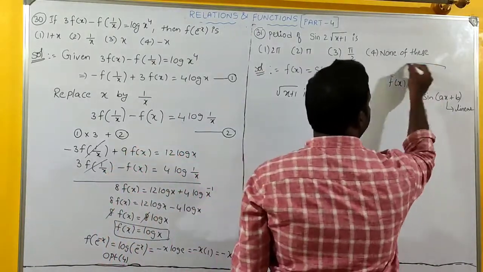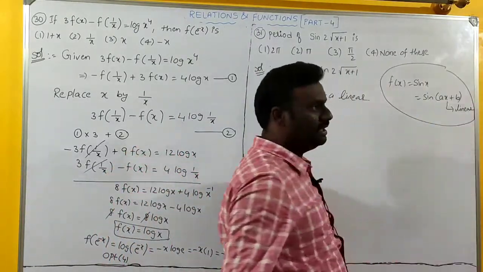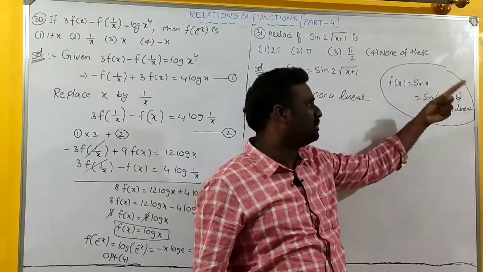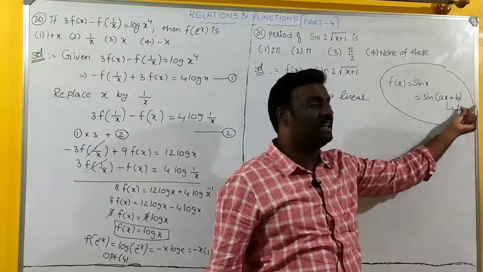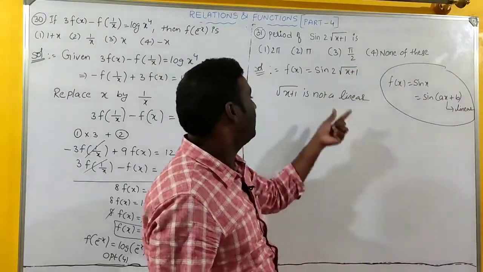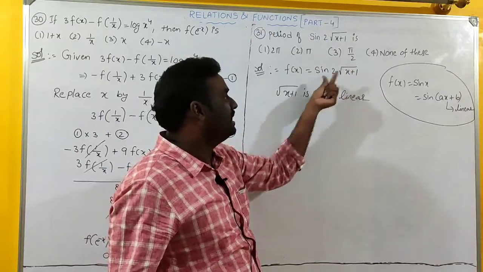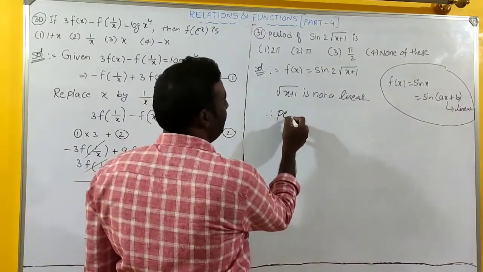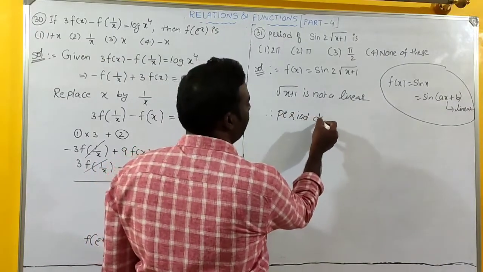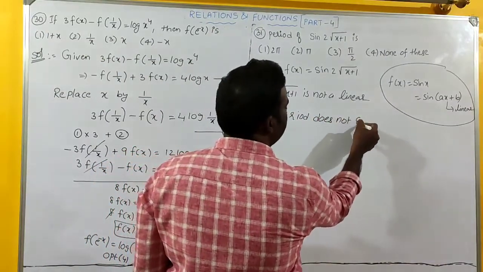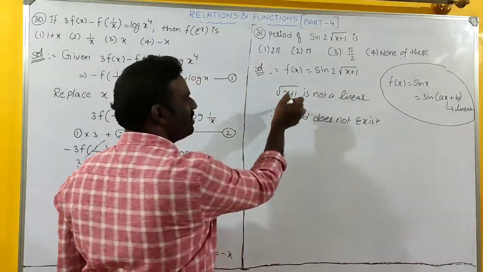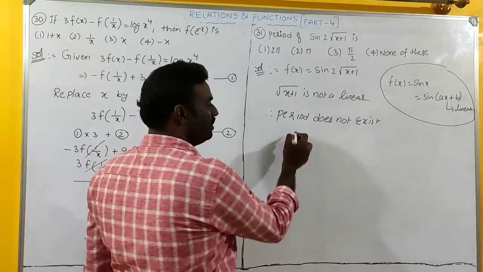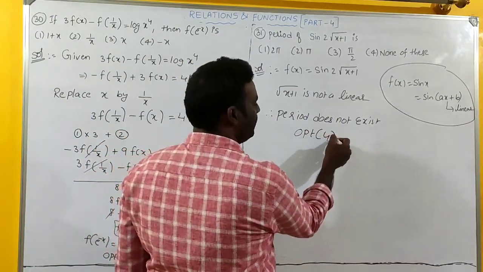According to the periodic function definition, the value present inside, either 2x or 3x or 4x or 2x plus 3, should be linear, then only the period exists. But here the value present inside is not a linear function, therefore period does not exist. Okay, if period does not exist, then option 4 is the correct answer.